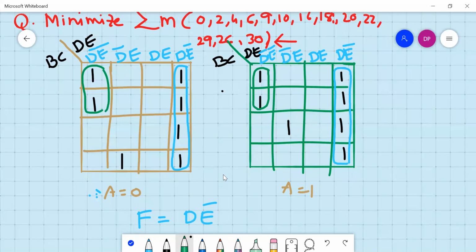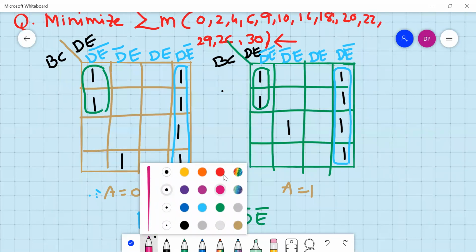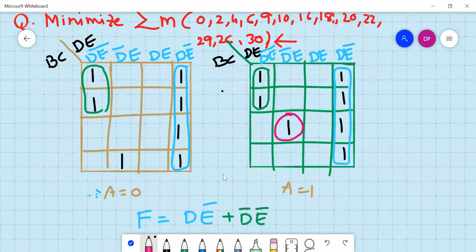D complement, E complement is common, right? Then we have these single ones here. When we have these single ones here, it is not overlapping or making a set with anyone.